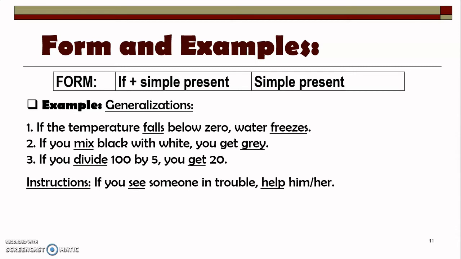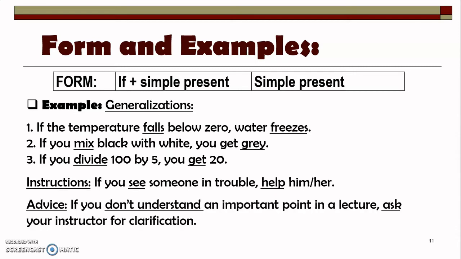If you see someone in trouble, help him or her. And you can use it even for advice in the imperative form. If you don't understand an important point in a lecture, ask your instructor for clarification. As you can see from the examples, I have underlined each verb, so they show the tense we have used in this conditional clause.